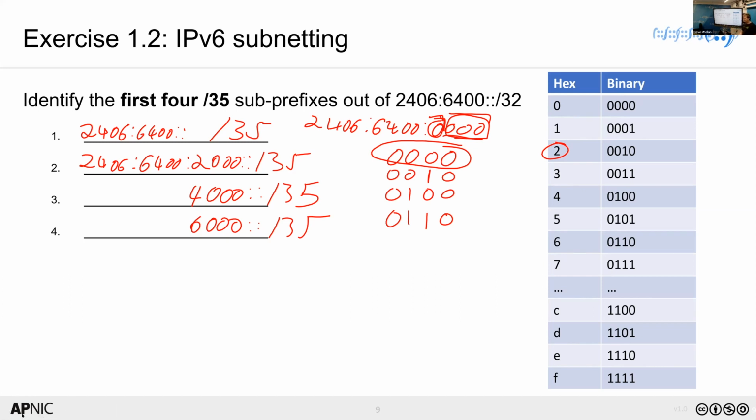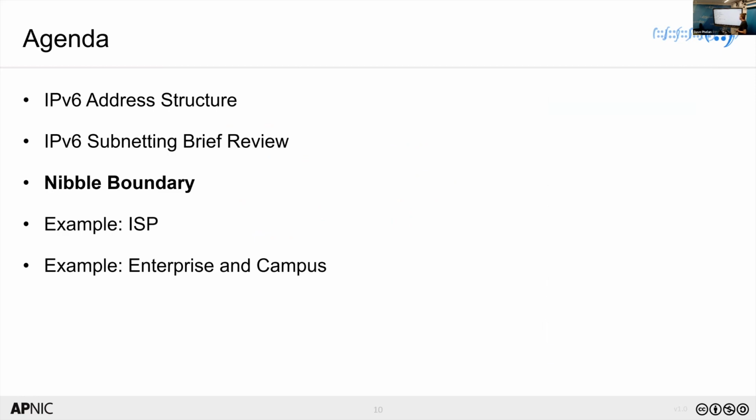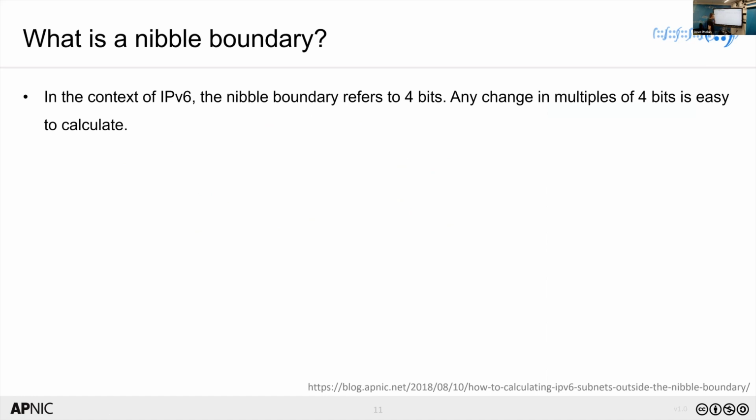And the reason we don't do this in this way, at least at a micro level, at a macro level, we may use 35s, 34s, 33s, but we try not to use these generally because we have this thing called the nibble boundary. The nibble boundary is really important. It makes your lives so much easier.